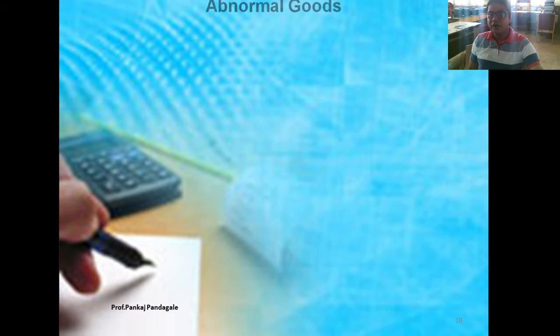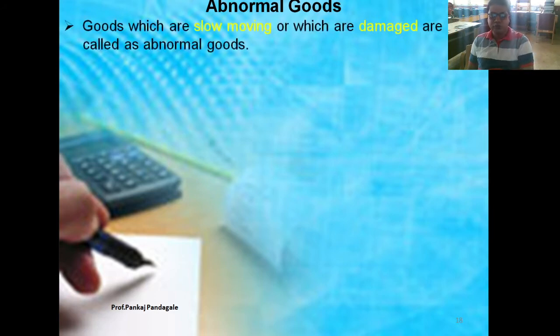Now friends, one of the important concepts in fire insurance claims is abnormal goods. What do we mean by abnormal goods? Goods which are slow moving or damaged are called abnormal goods.